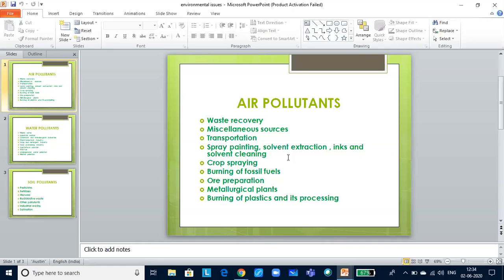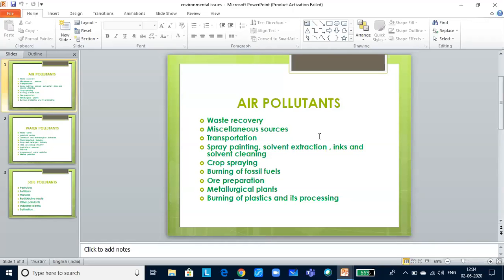If you look at it, they all release pollutants like organophosphates, chlorinated hydrocarbons, lead, arsenic, nitrogen oxides, oxides of carbon like carbon dioxide and carbon monoxide, ammonium, and beryllium dust, and so on.